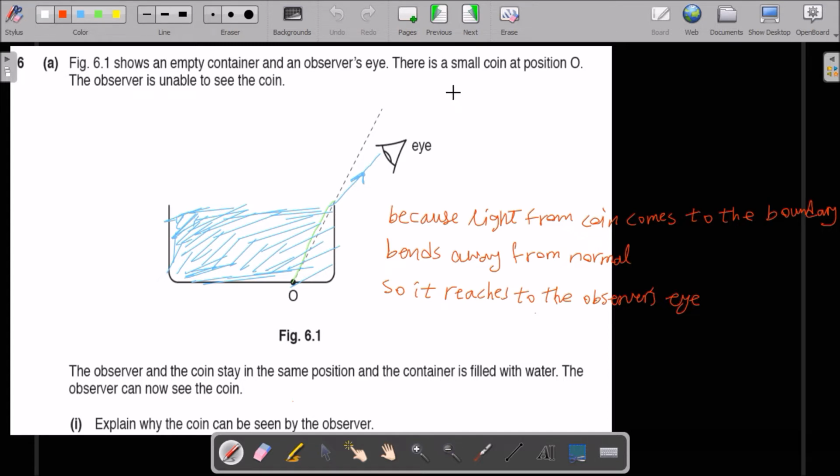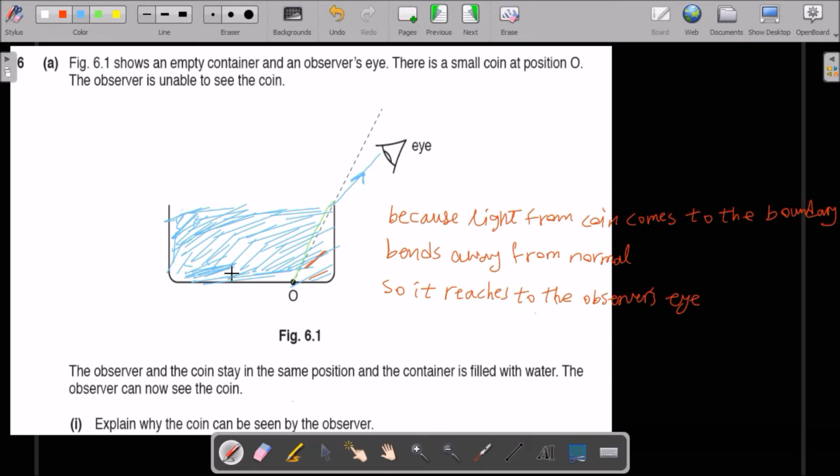Explain why the coin can be seen by the observer. If you look at figure 6.1, there is water inside the container. So now there are two mediums. One of them is air, one of them is water.